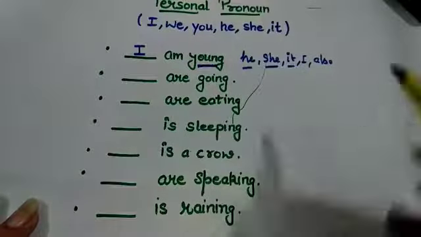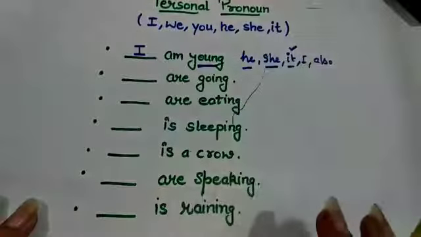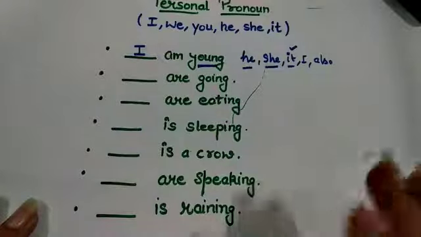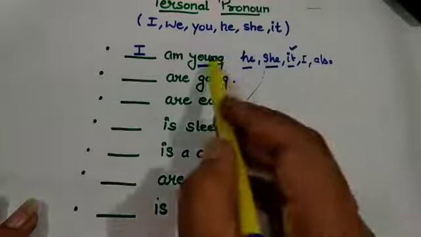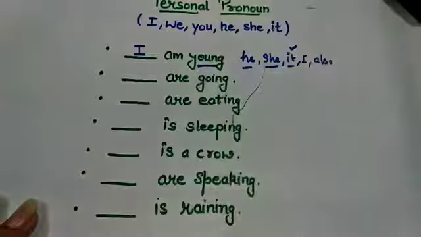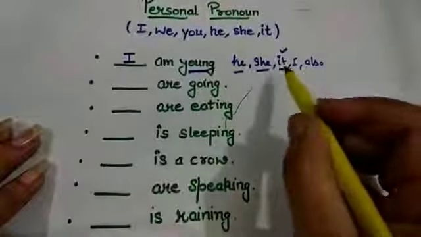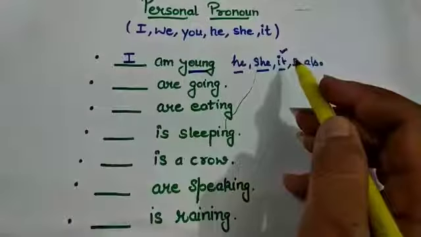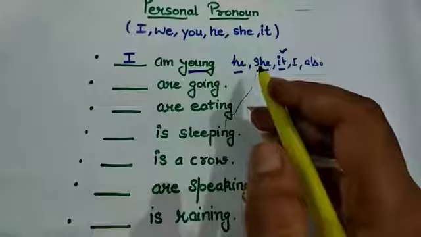First of all, let us consider the case of it. It is always used in case of non-living things, or where we are not sure whether we are talking about a male or a female. So it denotes something non-living, and young tells us that it is something living.